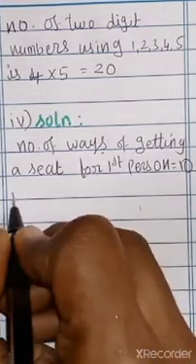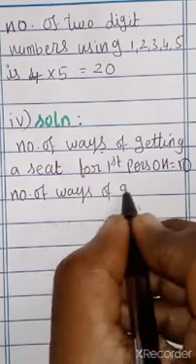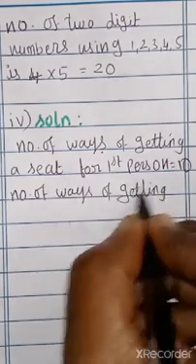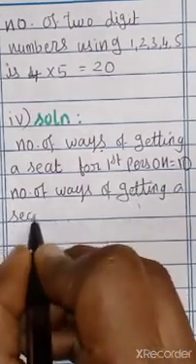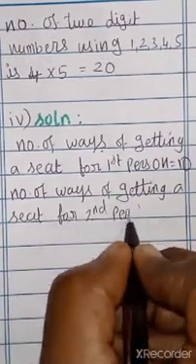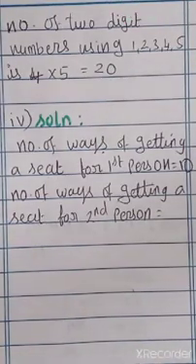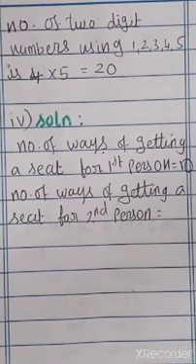Okay, now number of ways of getting a seat for second person. So second person he is entering. Now when the second person enters, how many seats will be remaining? Totally 9 seats will be remaining, because 1 seat will be occupied by one person.